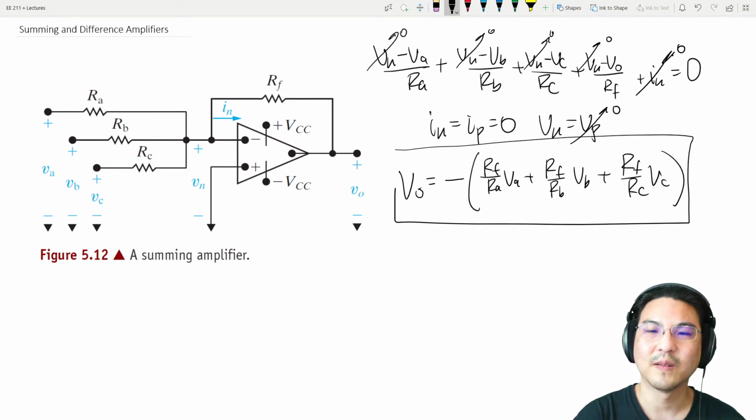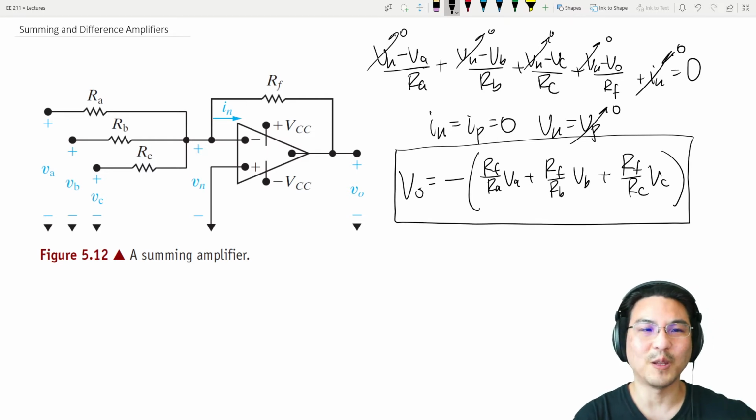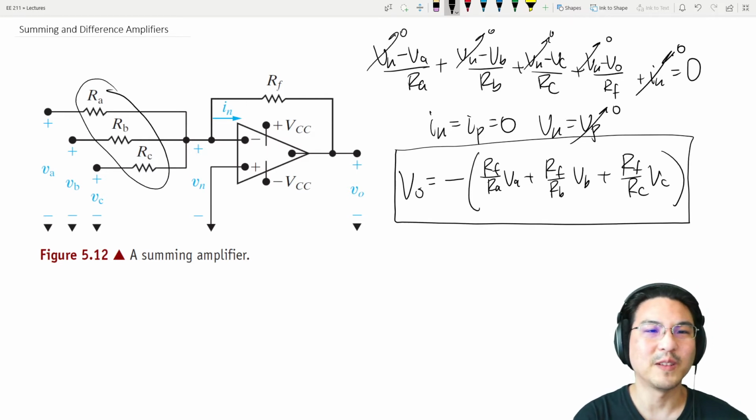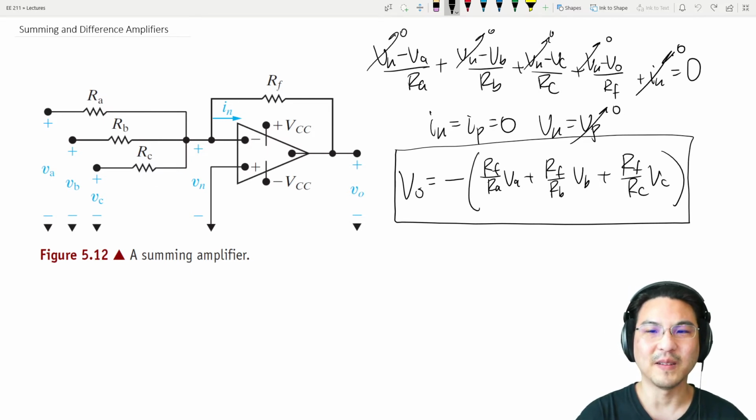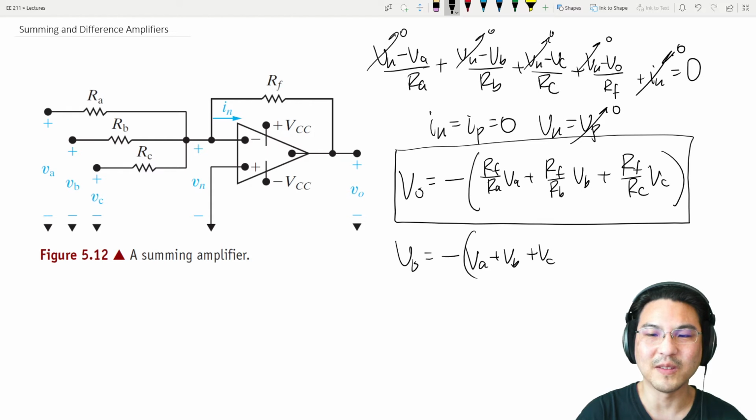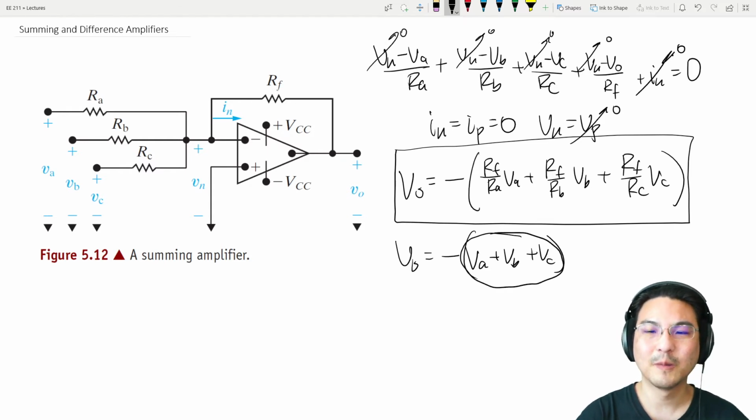Okay, so just for example, let's say you pick all 4 of these resistors to be 1 kilo ohm. Then this is 1, this is 1, this is 1. So then the output would just be negative Va plus Vb plus Vc. So it's summing the inputs, but it's inverted. So it's really an inverting summing amplifier.